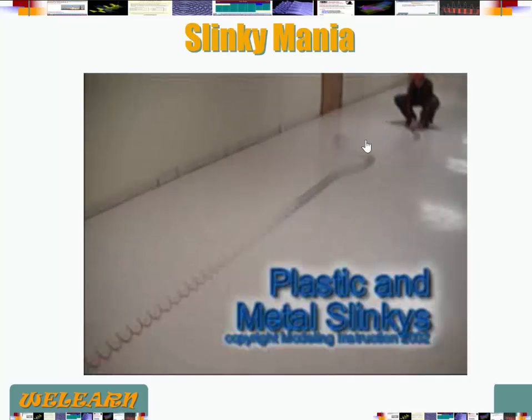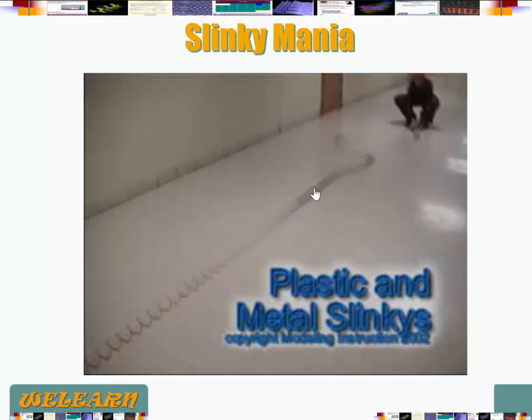Pay attention, the pulse is starting here to the right of this individual. So it starts in a slow medium, in a slow slinky, and it goes into a plastic slinky where it moves faster. Notice, pay attention to the transmitted one. It should remain on the same side of the pulse, so it should remain in here.